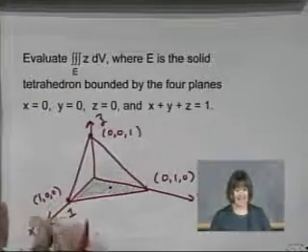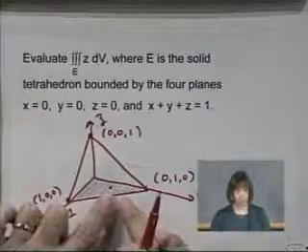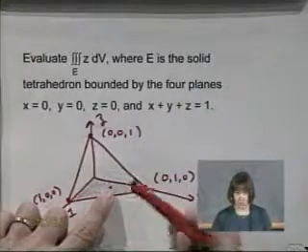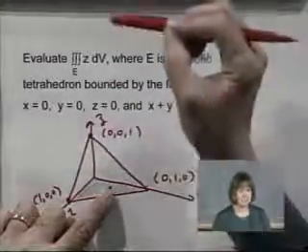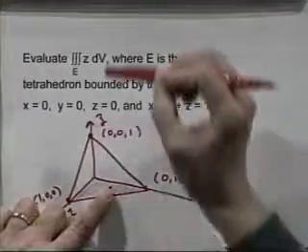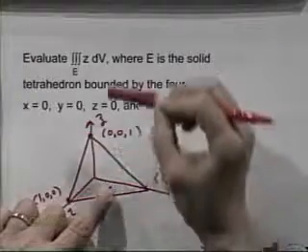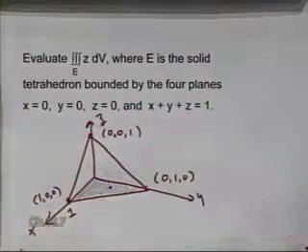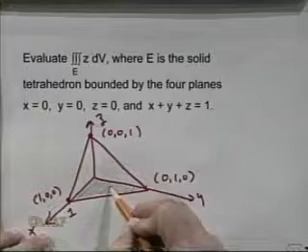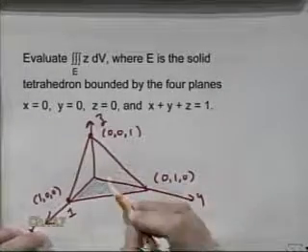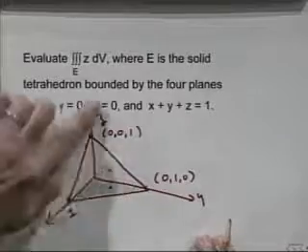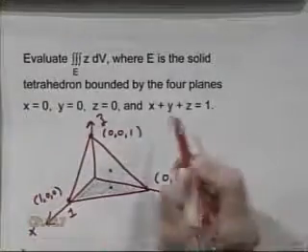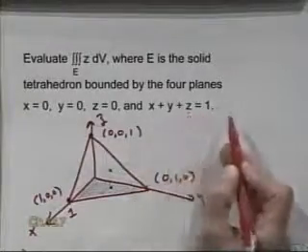Your base has to be such that if I pick any point in the base, since that's in the xy plane, I'm going to move in the z direction. And I've got to figure out my lowest z to my highest z in that 3-dimensional solid. So in this one, it's quite obvious. If I'm on this base, the lowest z is z equals 0, and the highest z is going to be the rooftop, and the rooftop is the plane x plus y plus z equals 1.